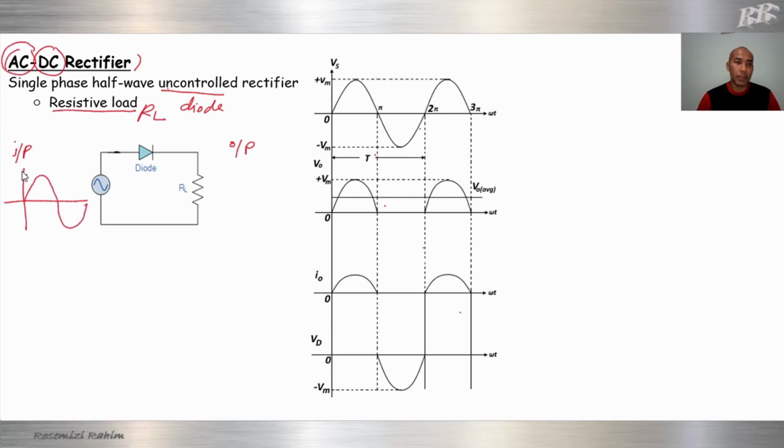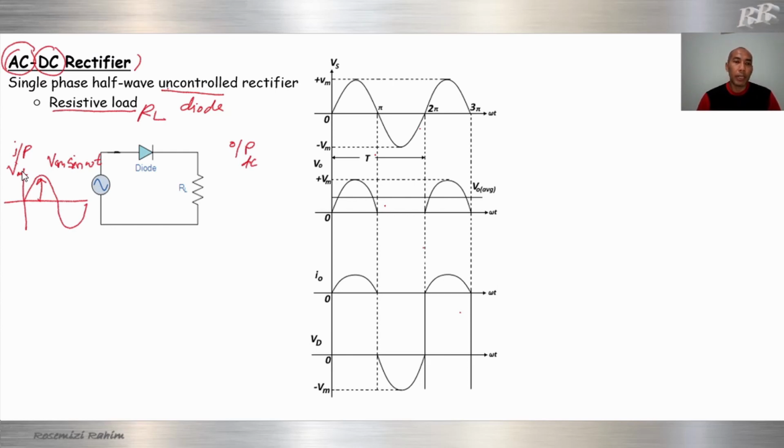For example, this one is V max, Vm. So our source is Vm sine omega t, sinusoidal, and the output will be DC.